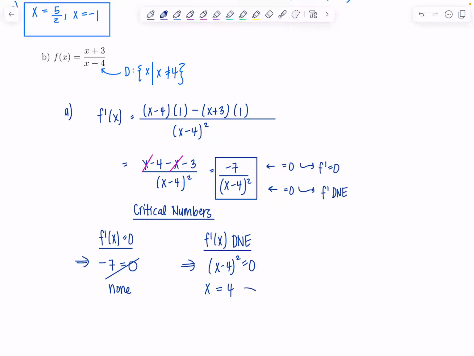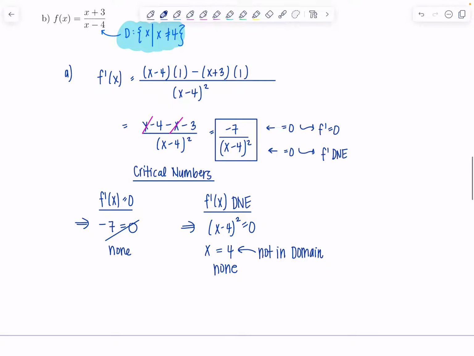But that is not in the domain. Remember, I had us write the domain out earlier. The domain is everything except 4. So, nope, that's not a critical number. Oh no, it's okay. We didn't do anything wrong. No critical numbers.